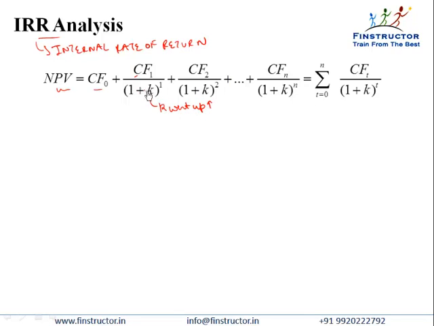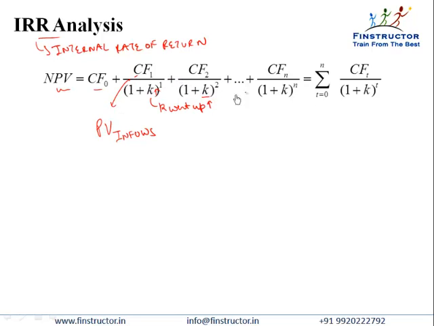So as we increase K, would the initial cash outlay change, or would the negative cash flows change? They would remain the same, but what would happen to the positive cash flows?